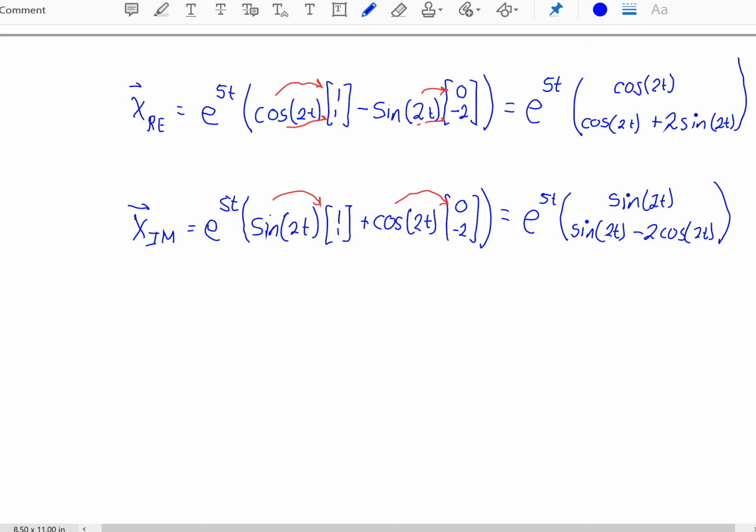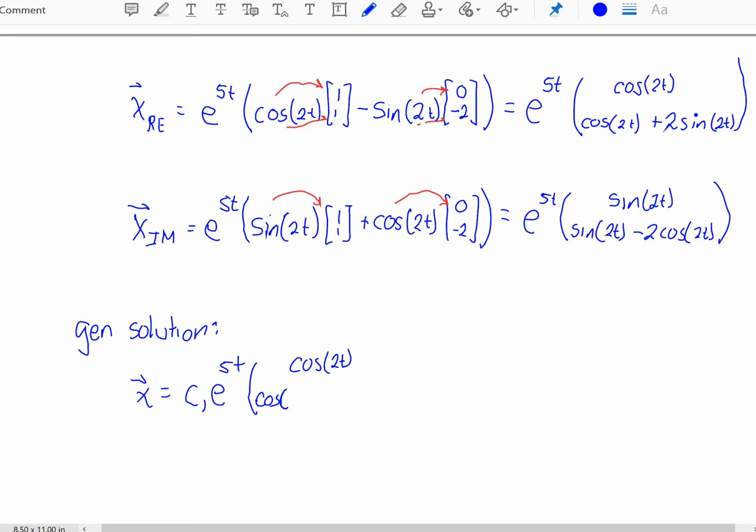Which allows us to now write our general solution as a linear combination of these. So it'll be x is equal to c1 e to the 5t. Now our real component was cosine 2t.